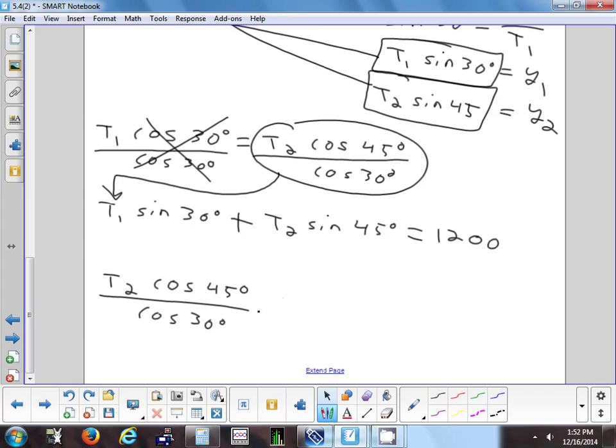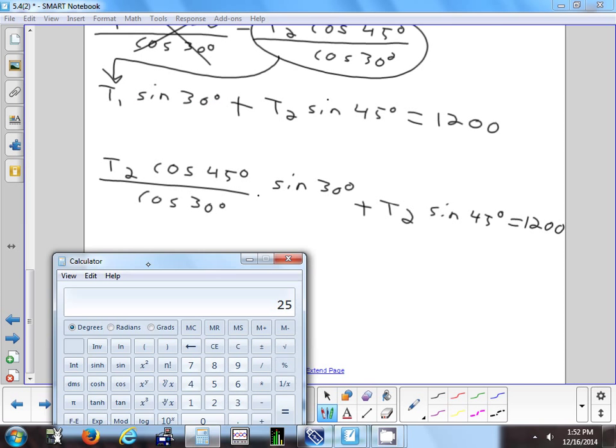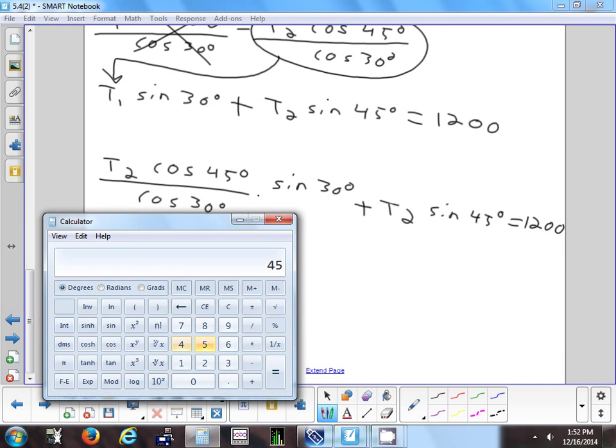Sine 30 plus T2 sine 45 equals 1,200. And once we type in all those trig functions, the equation's going to look a lot simpler. Take the cosine of 45, divide by the cosine of 30, times the sine of 30.